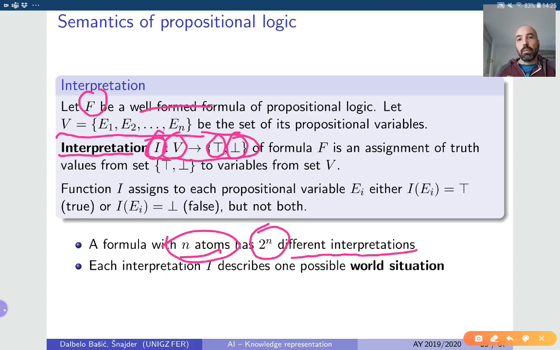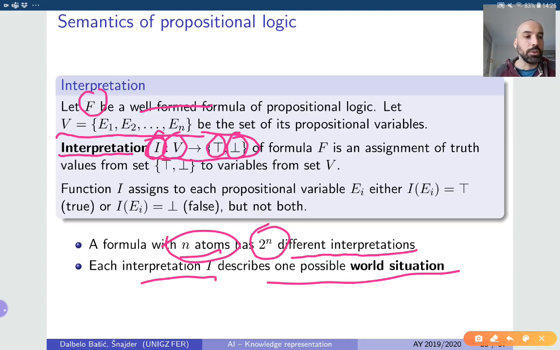Now, when we talk about using formal logic for representing knowledge in AI, it makes sense to think about interpretation I as describing one possible world situation. The world situation is characterized by certain variables being true and certain other variables being false.